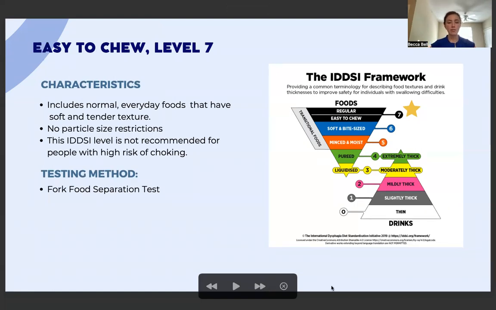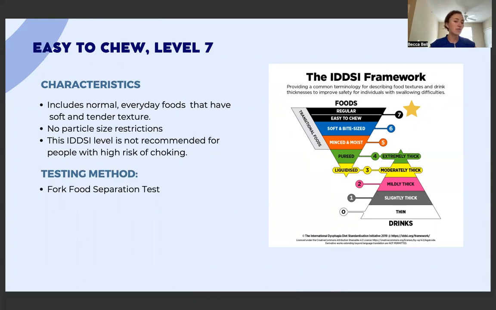Our last level we'll be discussing is easy to chew, level 7, and this includes normal everyday foods that have a soft and tender texture. I like to think of this as something like salmon, because if salmon is cooked properly, it'll be nice and flaky, and you barely should even need a fork to flake the pieces apart.